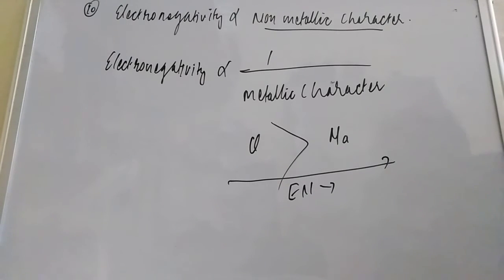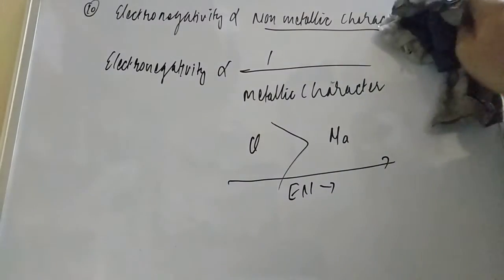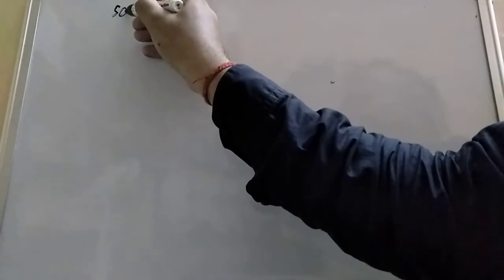Now some scales have been given to determine the electronegativity. Three scales are given, so let us go one by one.